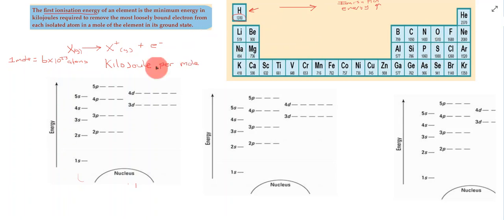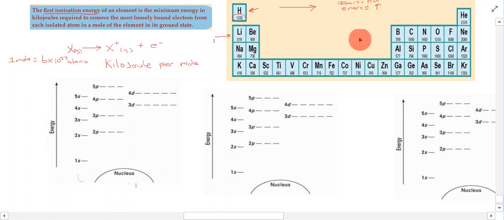But if we have a look at the second period here, we see lithium is 519, beryllium is 900 and boron is 799.